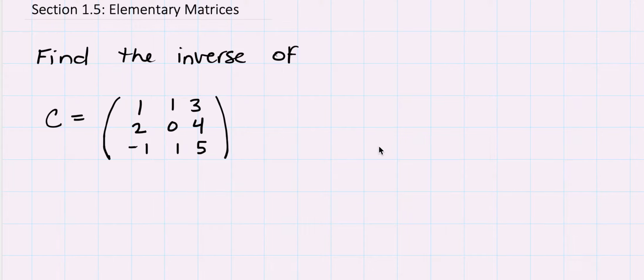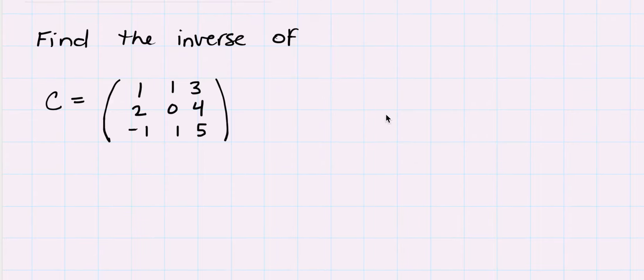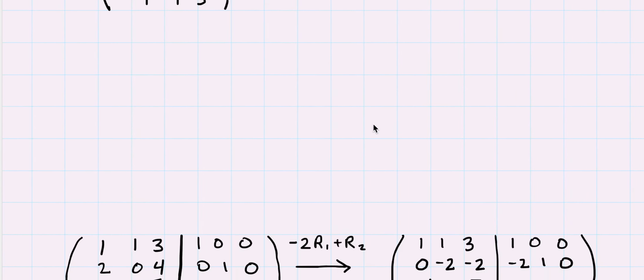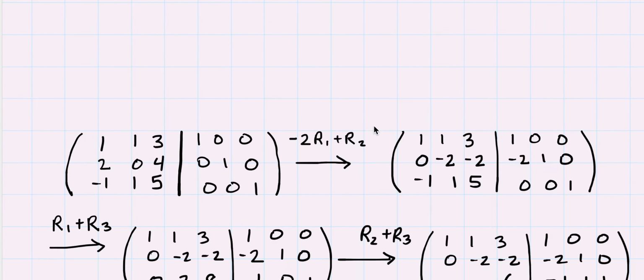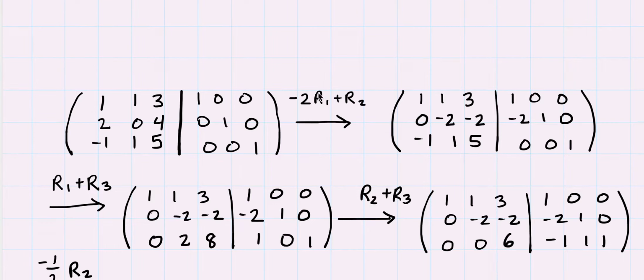Okay, so here I found the inverse. Now you don't have to use the same steps, but here is the way that I did it. So I put the matrix here and the 3 by 3 identity matrix.